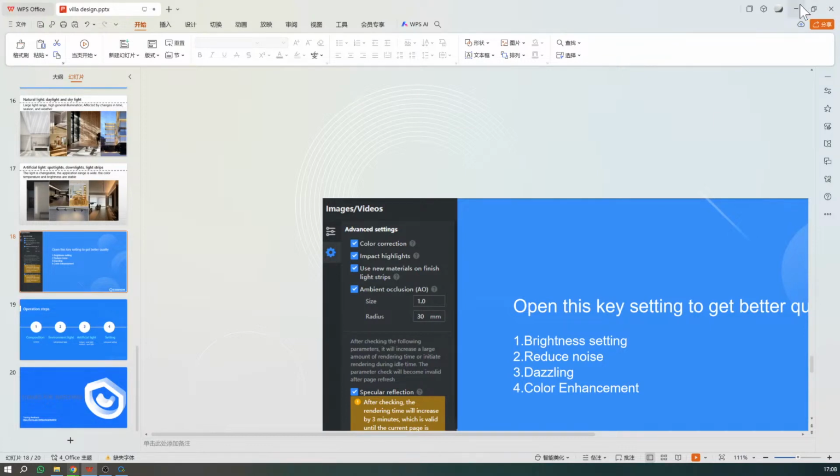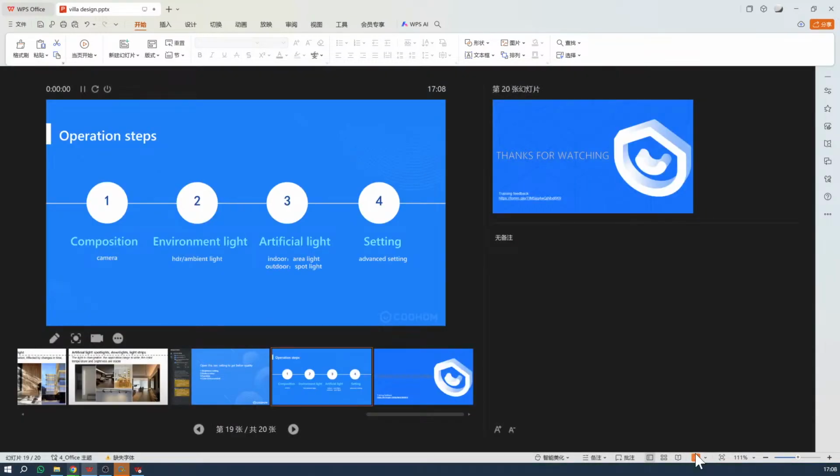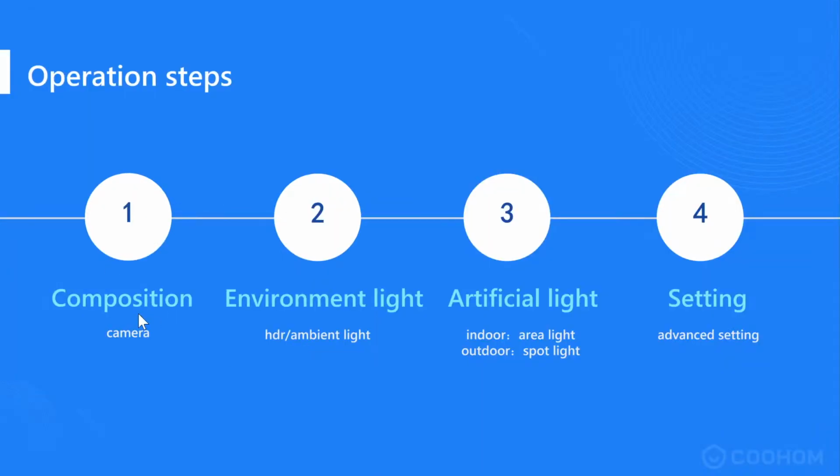Okay, before the picture came out, we can make a small summary for our rendering steps. So first, we need to make composition for our view of the angle for the camera, right?